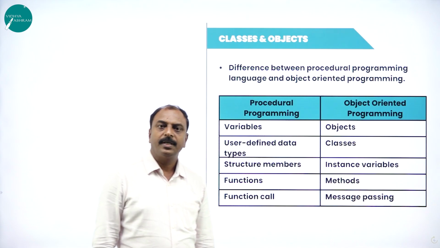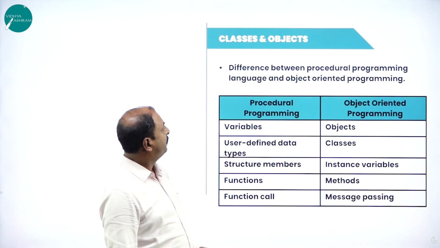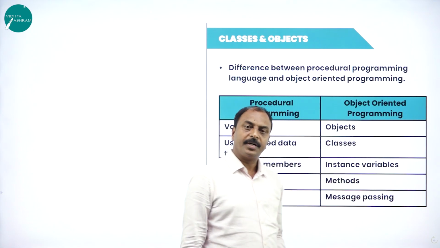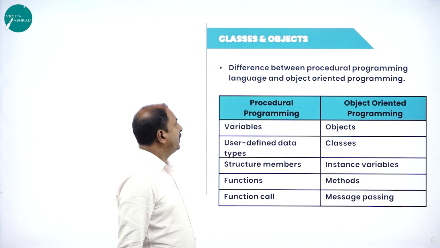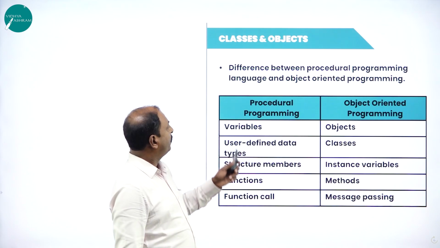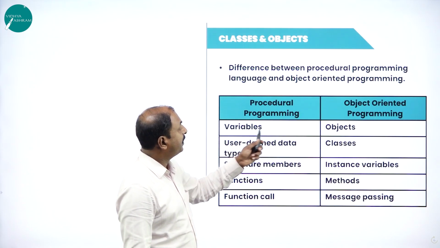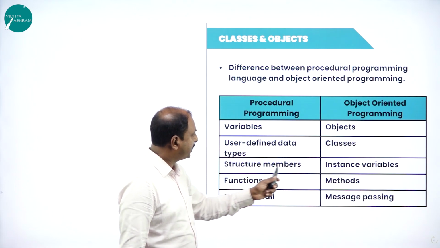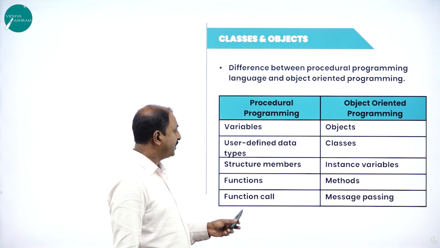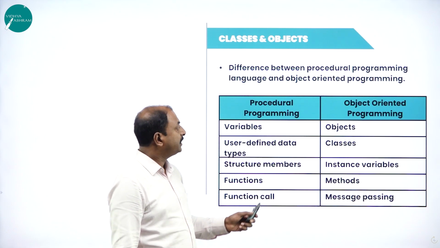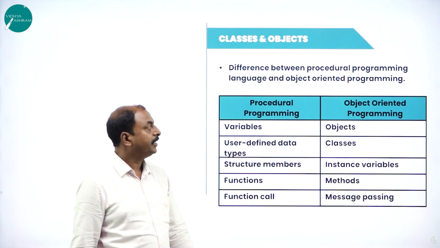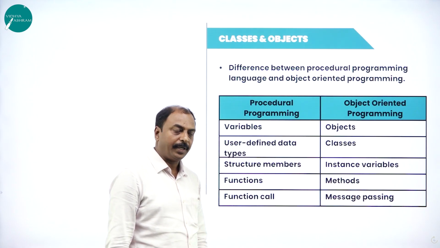So, students, now let us see the difference between procedural programming and object-oriented programming. In procedural programming, we are using variables, user-defined data types, structure members, functions and function calls. These are the normal procedure of methods we are using in procedural programming.